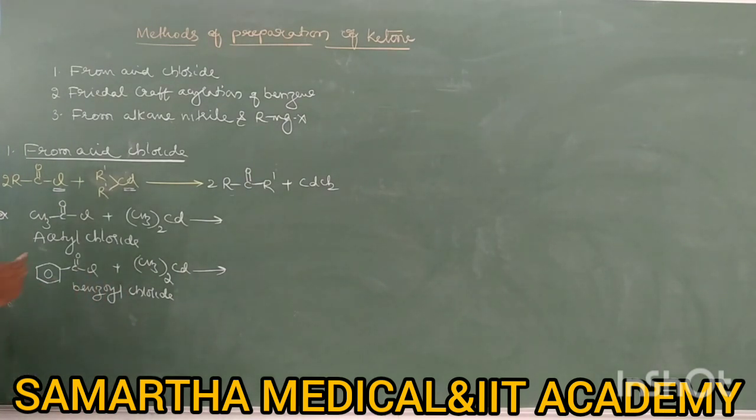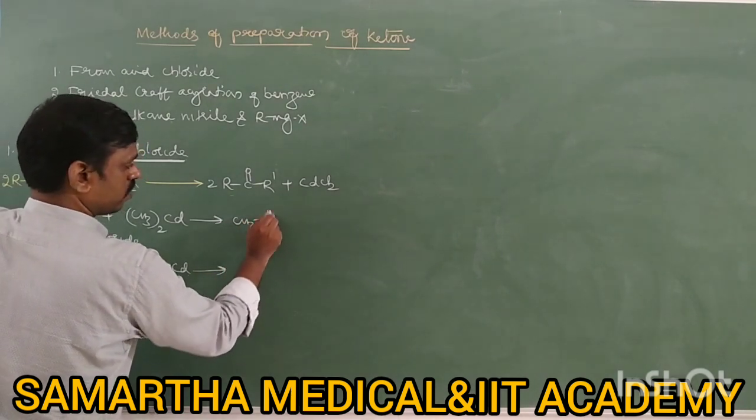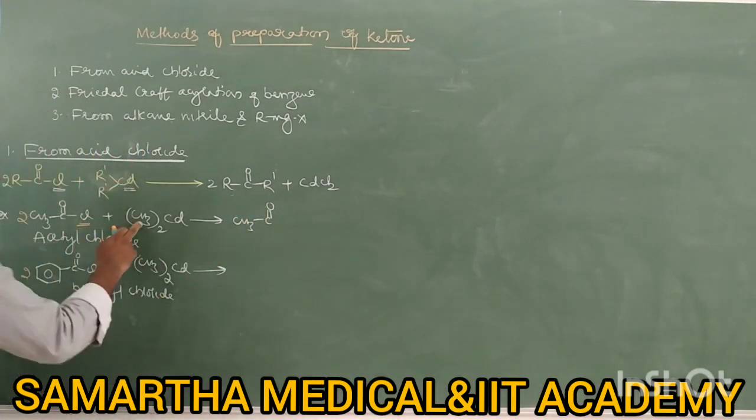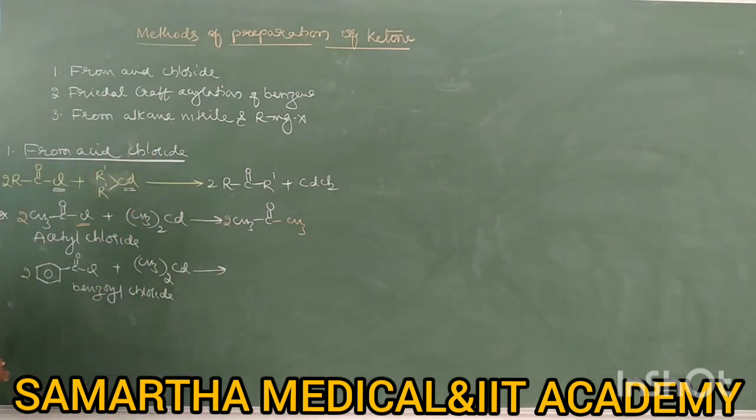Now here the chlorine should be replaced by methyl. In place of chlorine, methyl comes. Take 2 moles of acid chloride; now 2 chlorines are replaced by 2 methyl groups. Then the product is CH3COCH3, 2 moles of it.